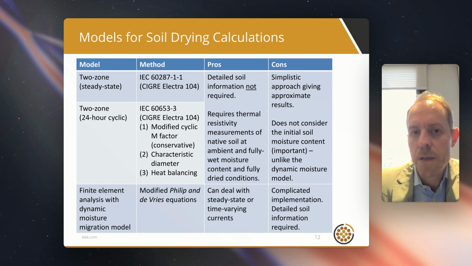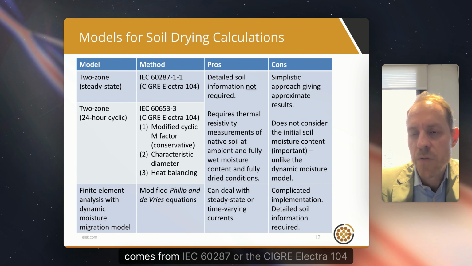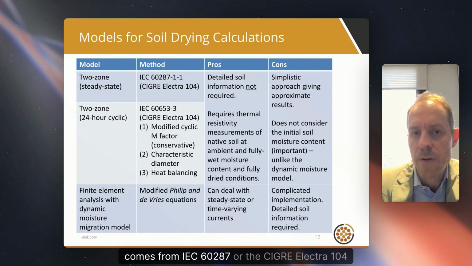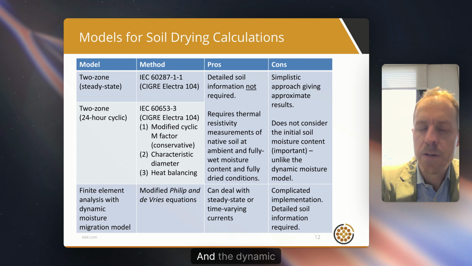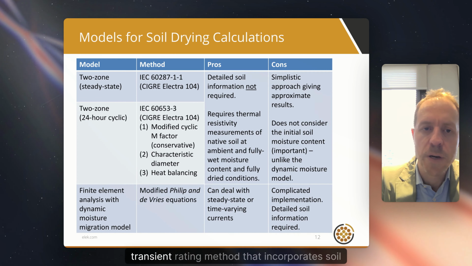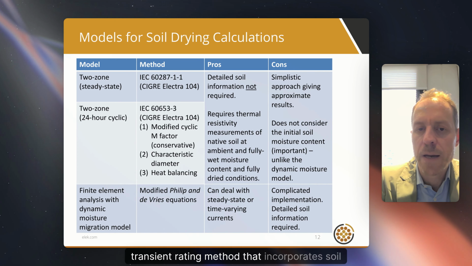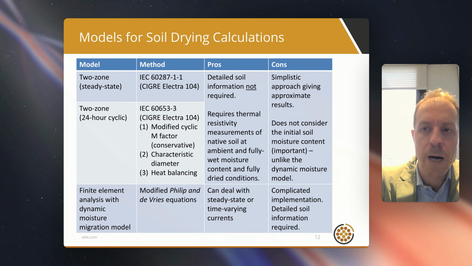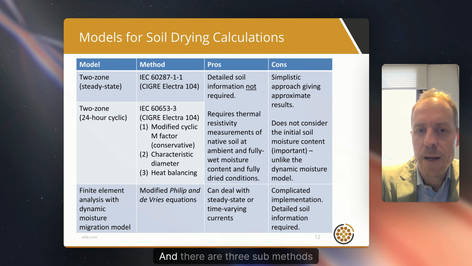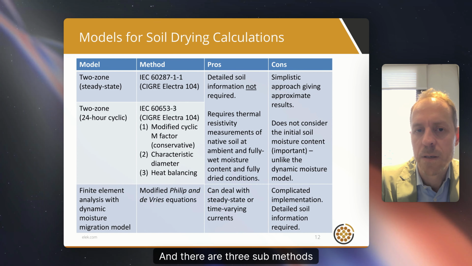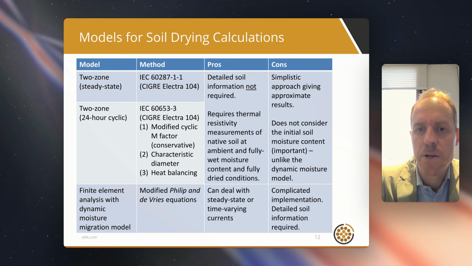The two-zone steady state method comes from IEC 60287 or the CIGRE Electra 104 document. And the dynamic transient rating method that incorporates soil drying comes from IEC 60853-3. And there are three sub-methods for the transient calculations.